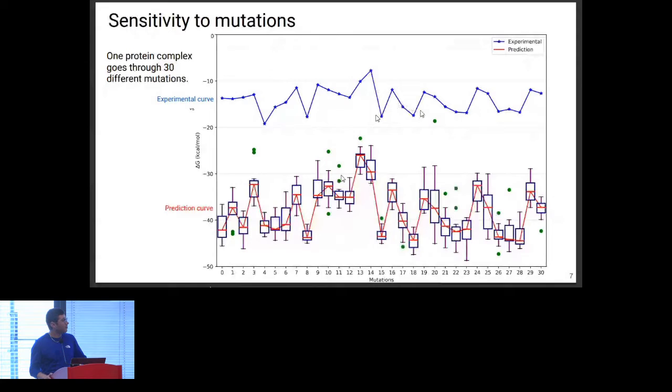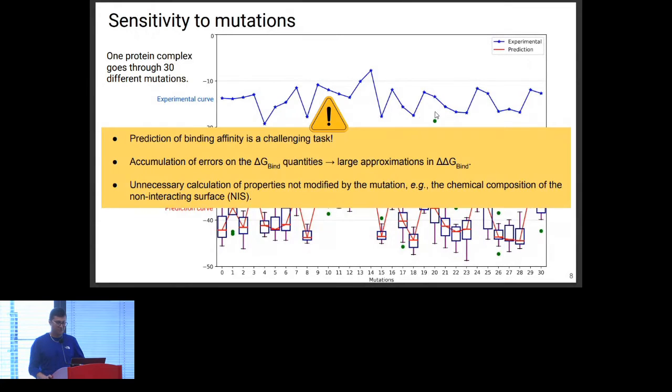for other protein complexes. And in fact, the prediction of the binding affinity is a very challenging task on its own. And if we make some errors in the estimation of the binding affinity, these errors will be propagated to the estimation of the changes of the binding affinity.